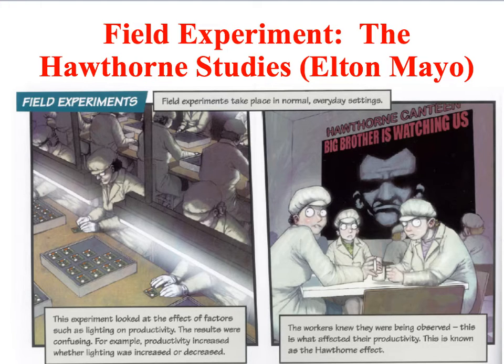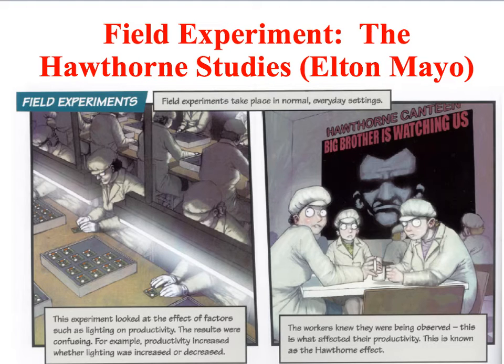And it was found that the workers' productivity increased regardless of how the researchers altered the working environment. For example, in the case of adjusting the lighting levels, all three of the groups of employees worked harder, even in the group where no change had actually been made.